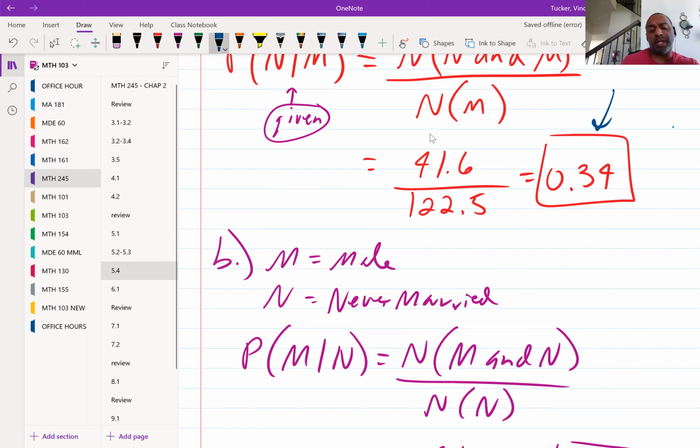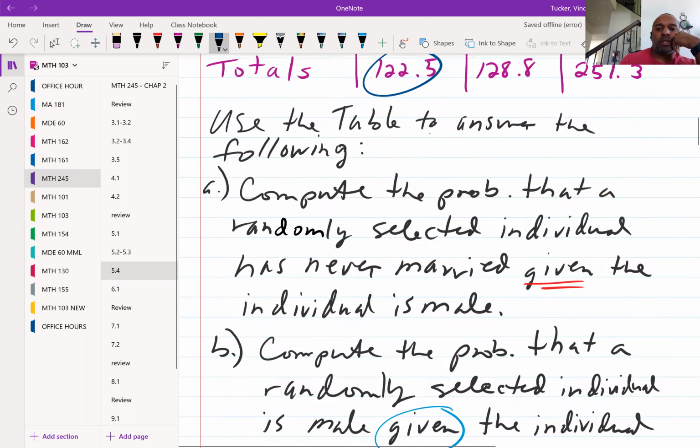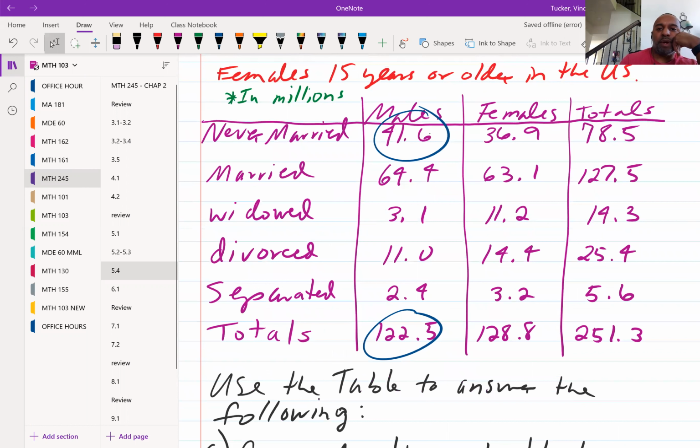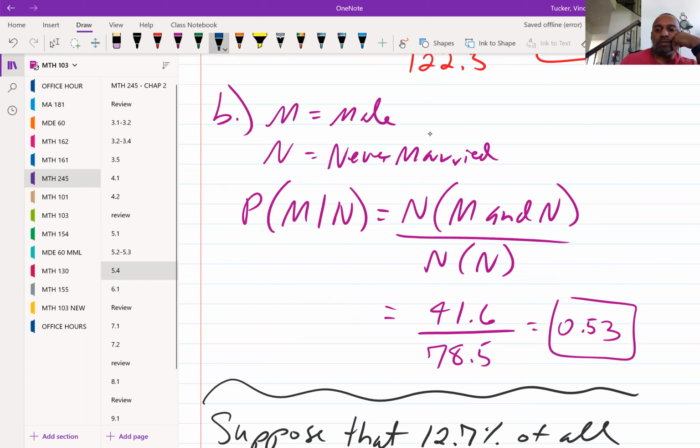The total number of people never married will be on the bottom. Going back to the chart, never married and male stays the same, but now we need the total number of people that were never married, which is 78.5. And so that's where we got 41.6 over 78.5. That'll give us 0.53.